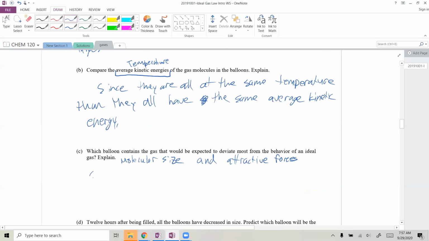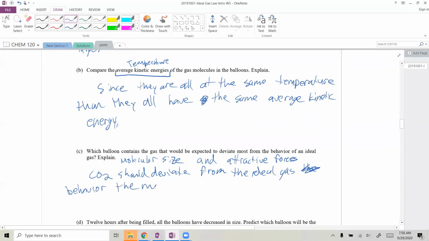And so we could say something like CO2 should deviate from the ideal gas behavior the most because it has the largest molecular size.